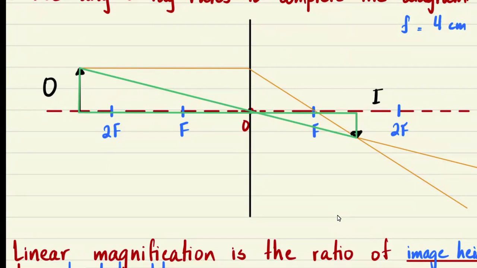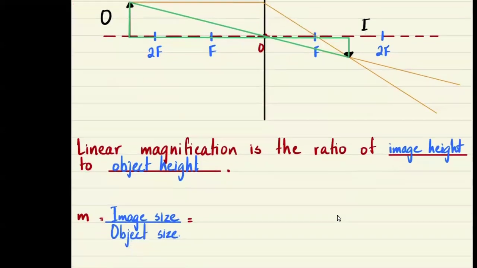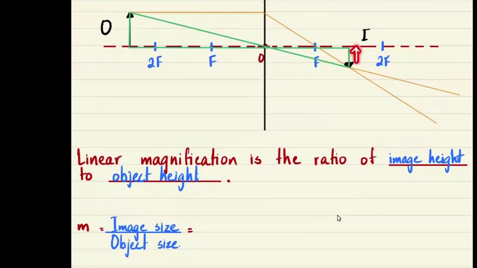I'm more interested in what it means in terms of lengths for triangles to be similar. So the idea is this: if two triangles are similar, in this case this one and this one, then the ratio of the corresponding lengths is equal. For example, this length of this triangle, the vertical, divided by the vertical of the other one, is equal to the linear magnification, right? You can also say that this length, which is the horizontal distance of this triangle, divided by the horizontal distance of the other triangle, can also be used to calculate magnification.